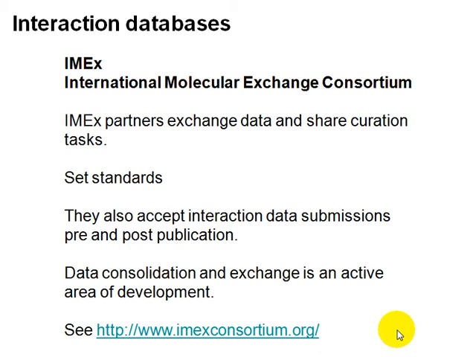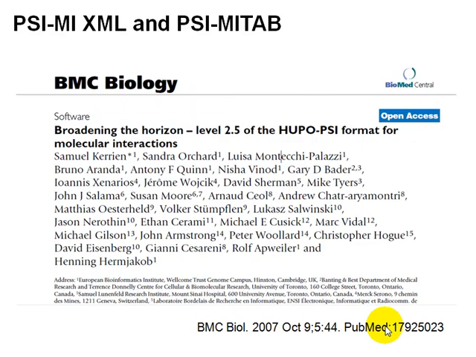Data consolidation and exchange is an active area of development right now, most obvious in the PSICQUIC services development. You can find more information about IMEX at imexconsortium.org. This is the paper showing the level 2.5 of the XML standard HUPO-PSI format for molecular interactions, where they describe the data exchange standard.